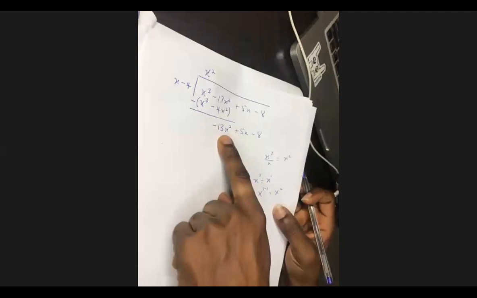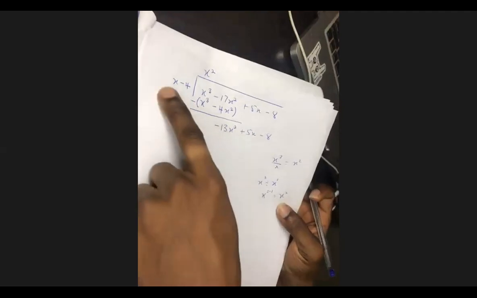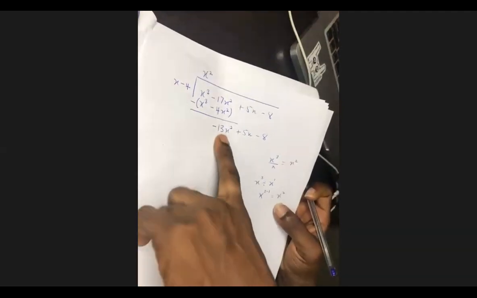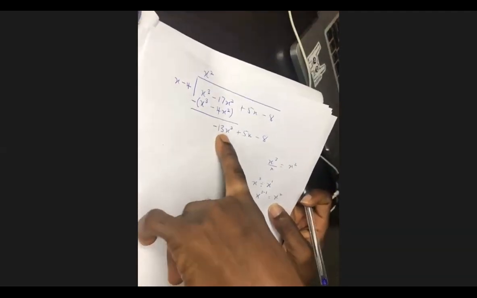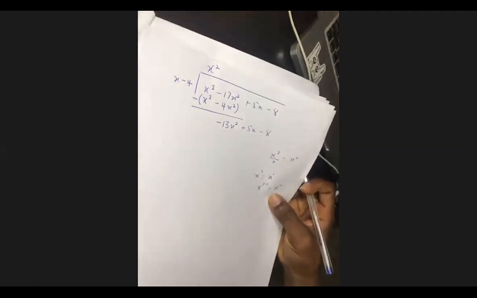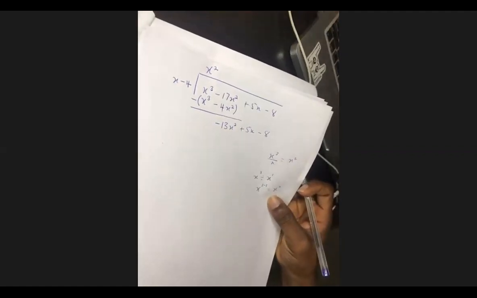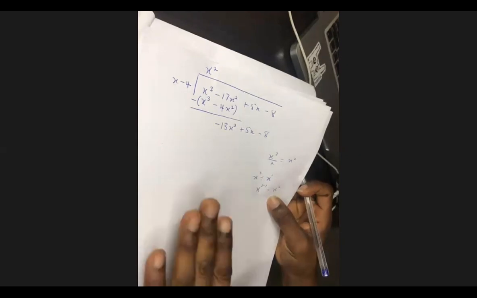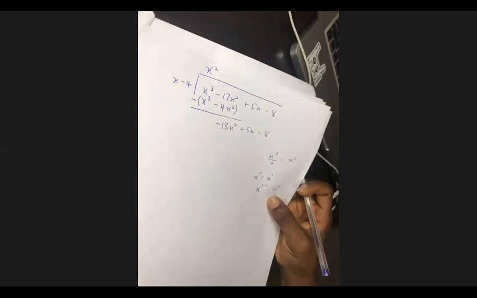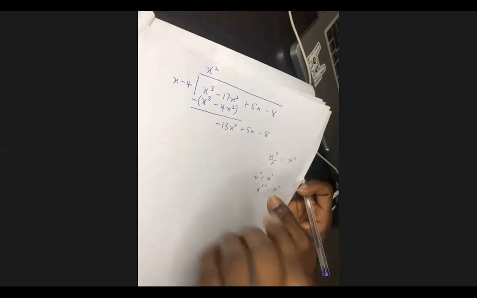Do you get it? Yes. So how many times is x going into negative 13x squared? Negative 13x times. There's a number.